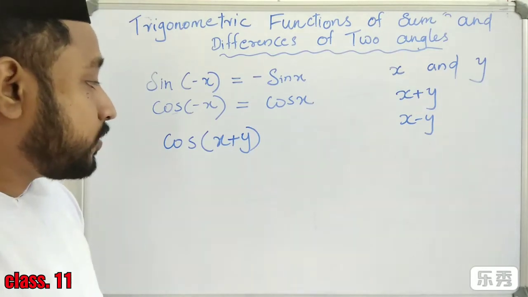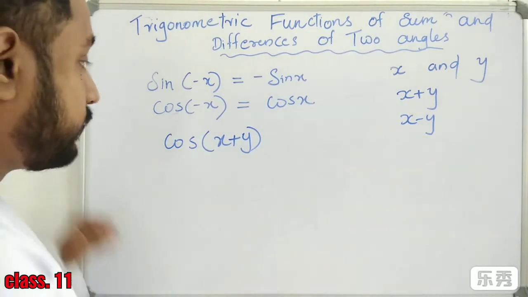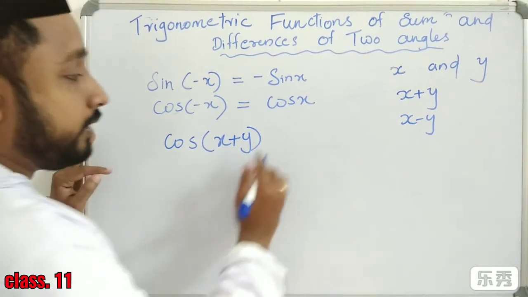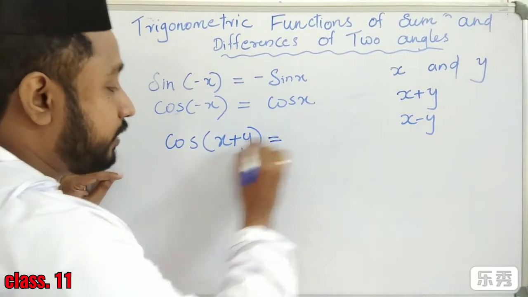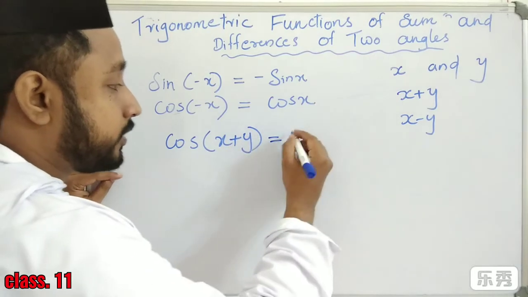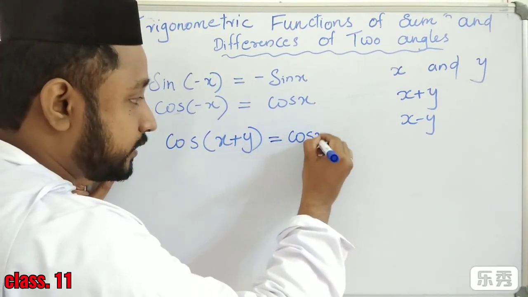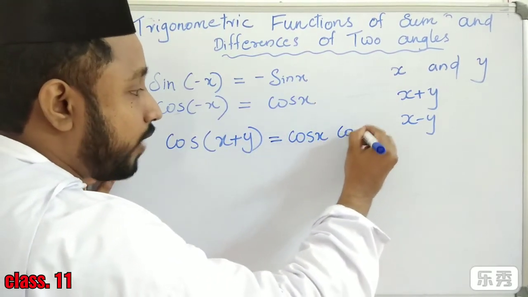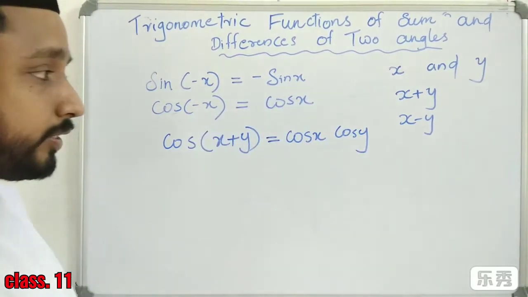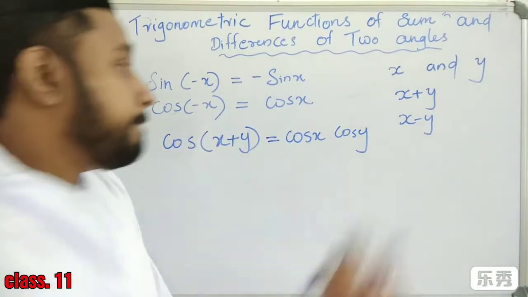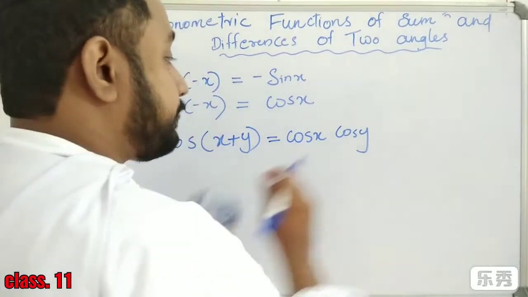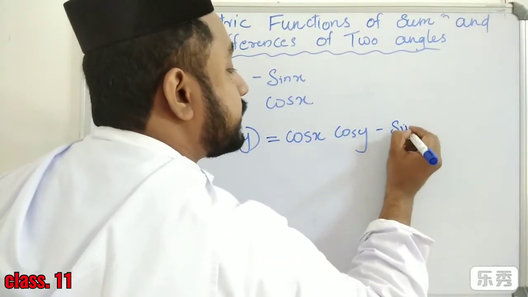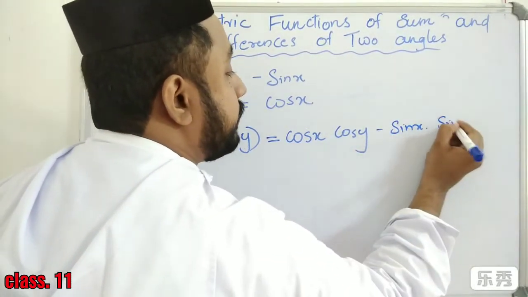So the first formula is cos of x plus y, which is equal to cos x into cos y, minus sin x into sin y.